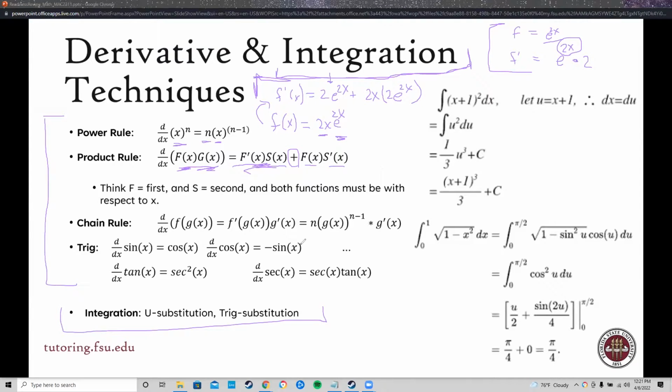Chain rule, we already kind of peeked at a little bit here, but it goes like something like this. If you have a nested function of x, and a nested function is something where you have a function inside of a function. Ergo, if you have an exponential right here, your outside function is e, the exponential, and your inside function is x.